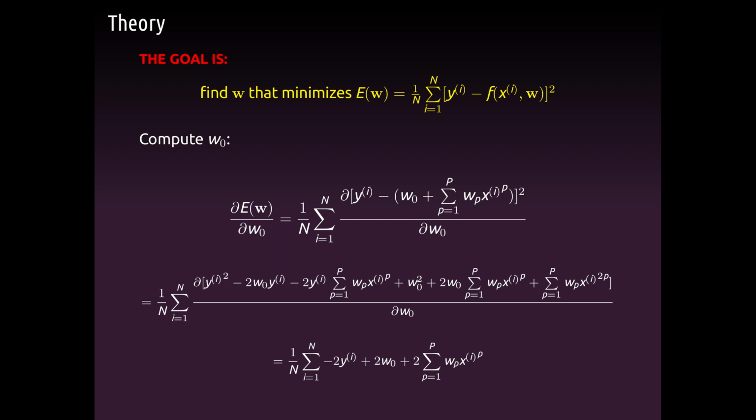The third term will be deleted. This term will be equal to plus 2 w0, which is here. This term will equal plus 2 sigma wp x super i to the power of p, which is here. And this term will be deleted.